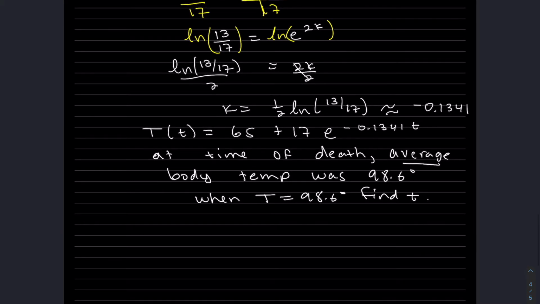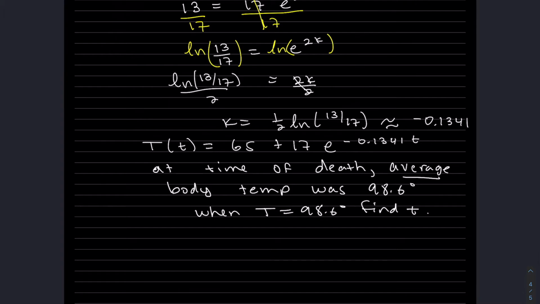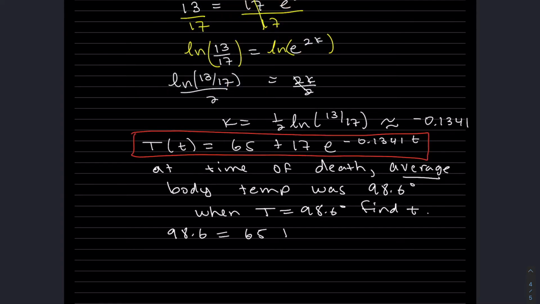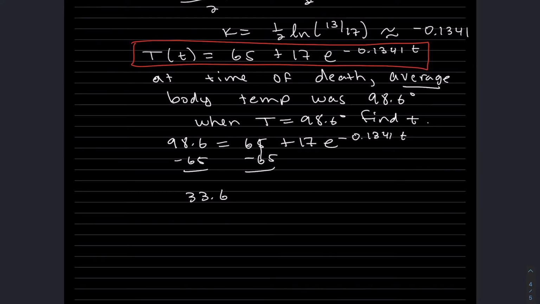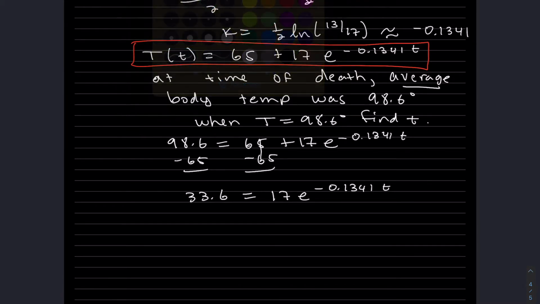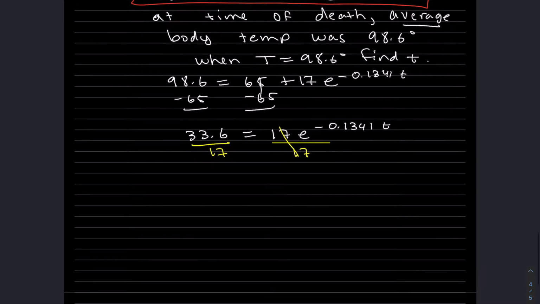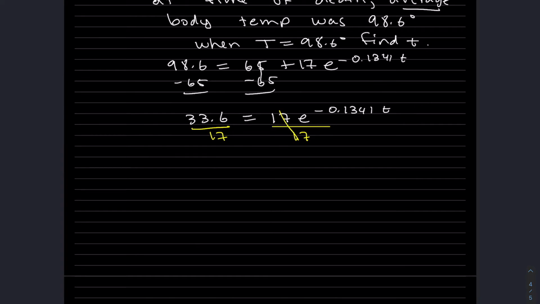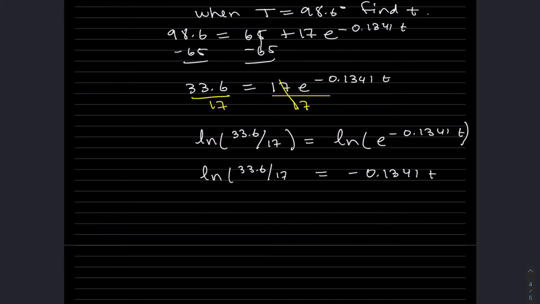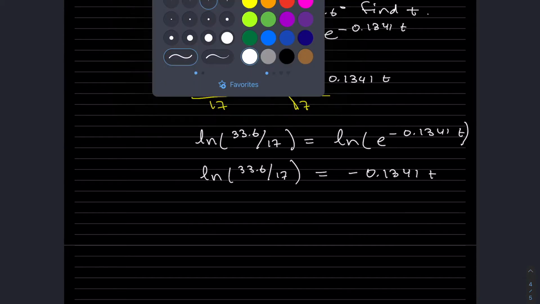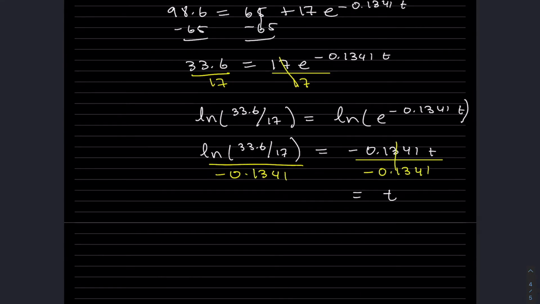So there's our formula. Using our formula, let's get rid of that 17. And then take the natural log of both sides. And last step, minus 5.1.